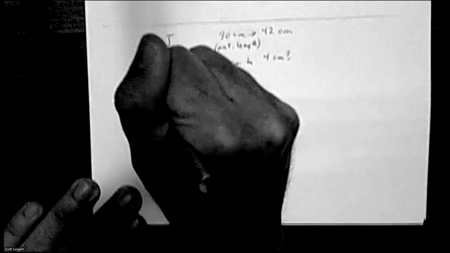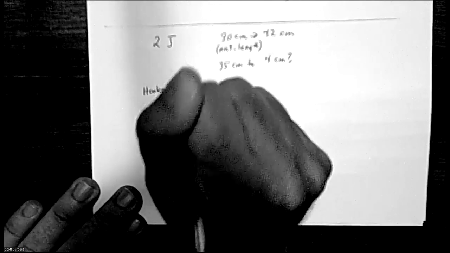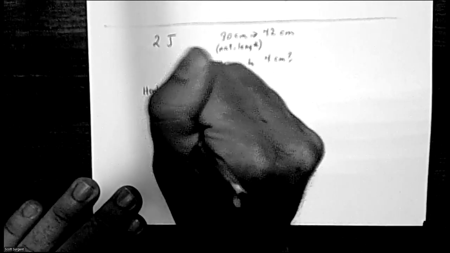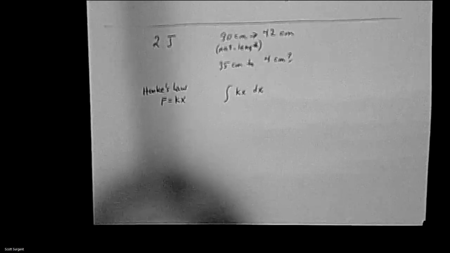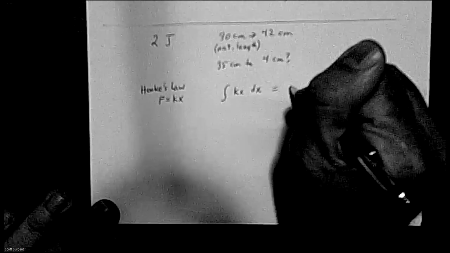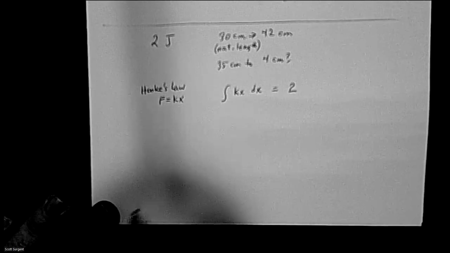So we have Hooke's law. I think it's F equals kx. It's a real basic proportion. We do know that it takes 2 joules to stretch the spring from its natural length.